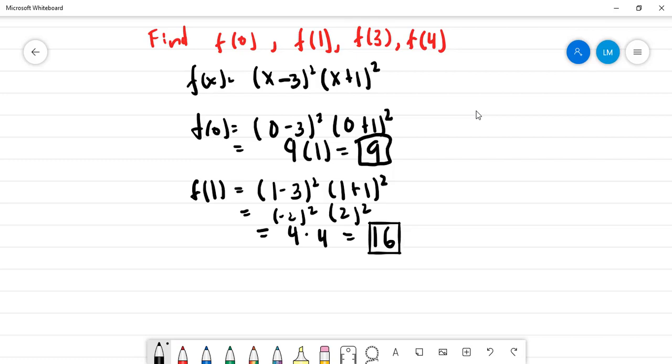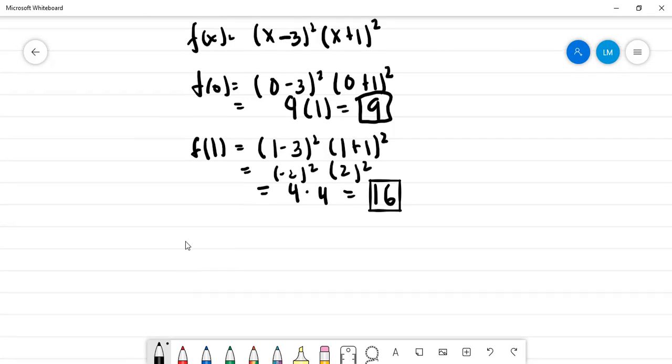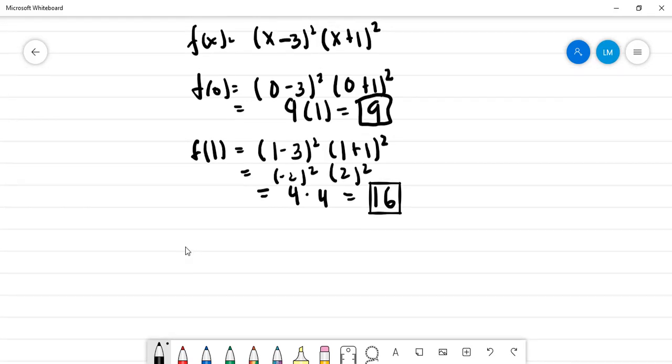Okay, now I need to find f of 3 and f of 4. Now, interestingly enough, f of 3 is one of the zeros of the function. So you have that f of 3 is going to be 0, because you have 3 minus 3 squared times 3 plus 1 squared, and that's really just going to give you 0 times that, which is 0.